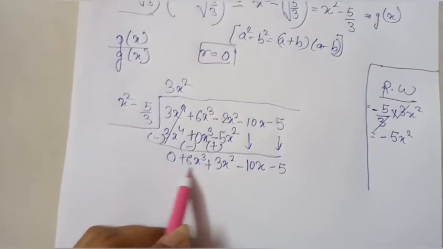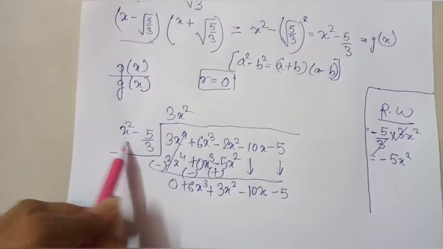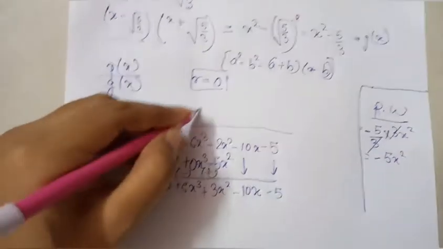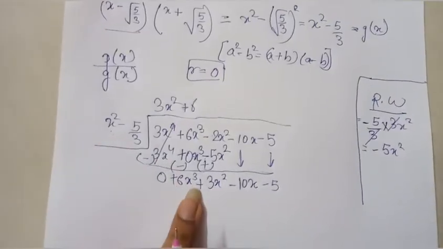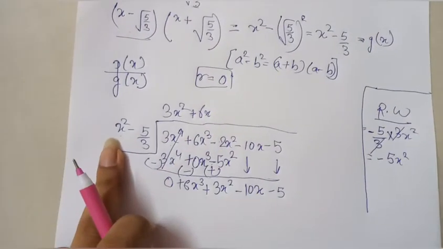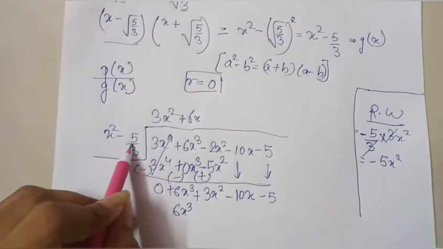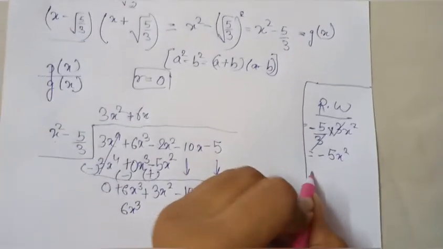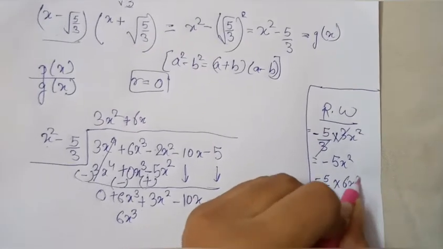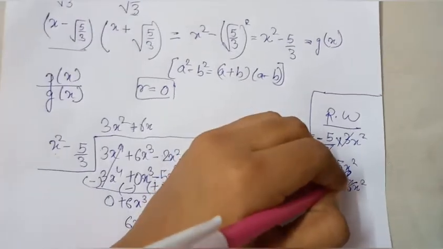Now we need 6x cube. What will multiply with x square? Plus 6x, because it is positive 6, and what is remaining is x. 6x into x square will give us 6x cube. Now we'll again do it here: minus 5 upon 3 into 6x, and you can see 3 and 6 get cancelled, so it is 2.